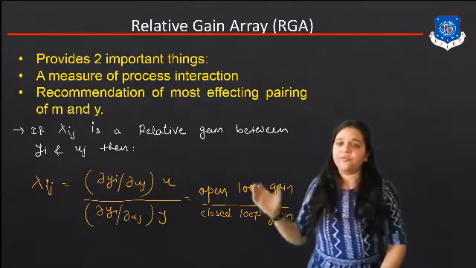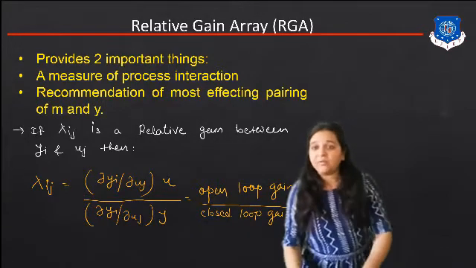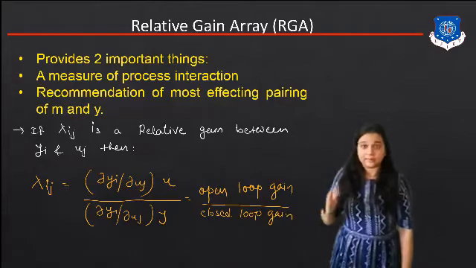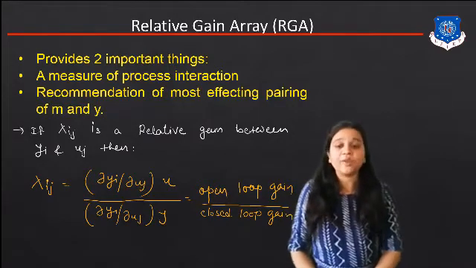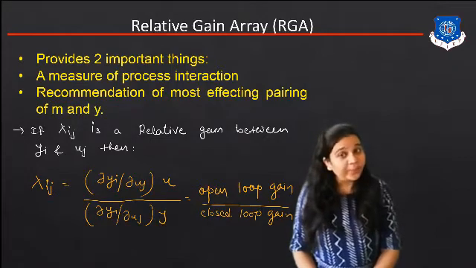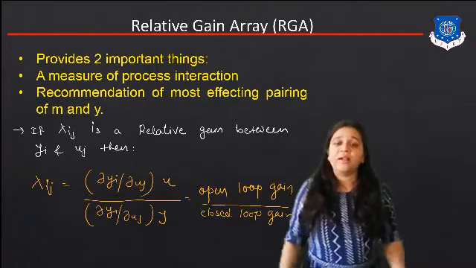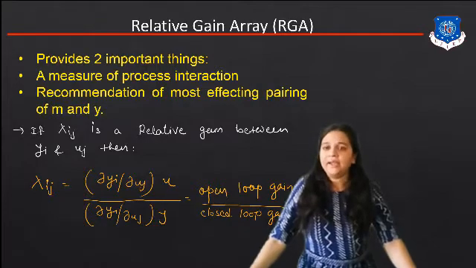If lambda ij is the relative gain between yi and uj, then because y is our multi-loop output and u is my multivariable input, we can check the multivariable system from an n cross n input-output pair. So we can take here yi and uj.